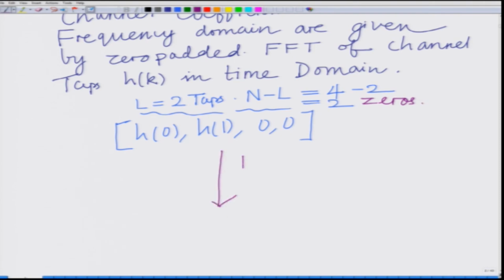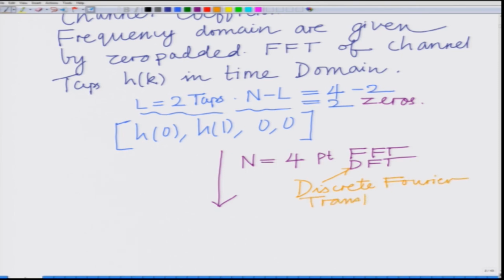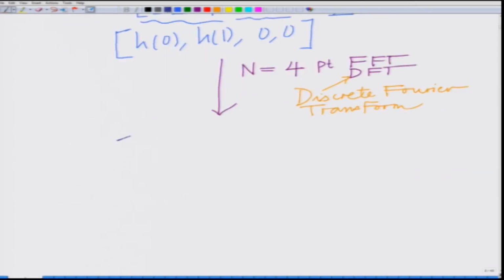Now, take your N equal to 4 point FFT, or basically your DFT, where DFT stands for the discrete Fourier transform, and this yields the channel coefficients across the subcarriers, that is your H0, H1, H2, H3.